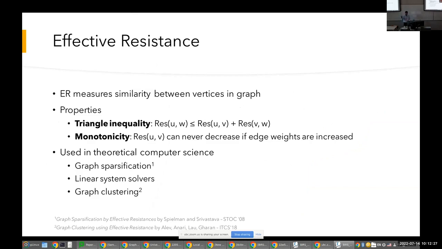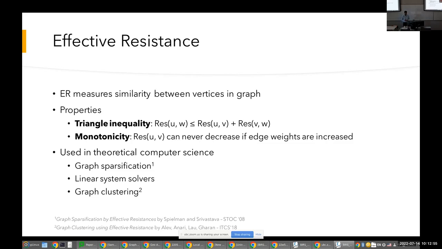You also get the usual properties like symmetry and the fact that the effective resistance between a node and itself is 0. You also have a monotonicity property, which is nice: if you increase any of the resistances along the edges, or increase the edge weights, you can never decrease the effective resistance between any pair of vertices.